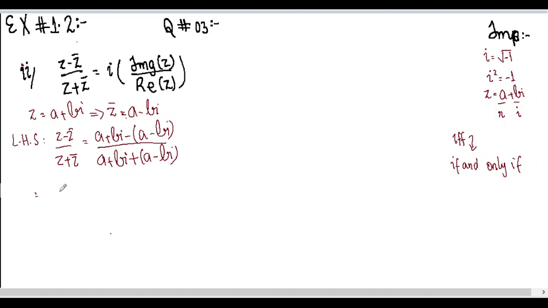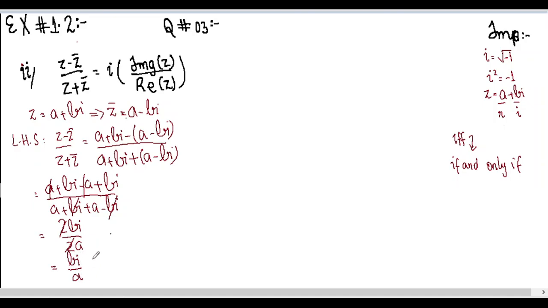Now we are going to add and subtract these two complex numbers. We get (a plus b iota minus a plus b iota) whole divided by (a plus b iota plus a minus b iota). Here we can cancel a, and here we can cancel the b iota in the denominator. So we get 2b iota whole divided by 2a. 2 and 2 are cancelled, and our answer is b iota by a.